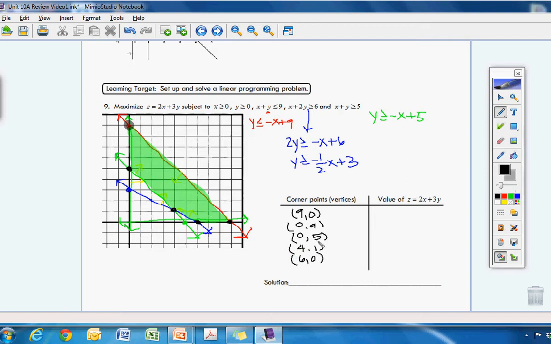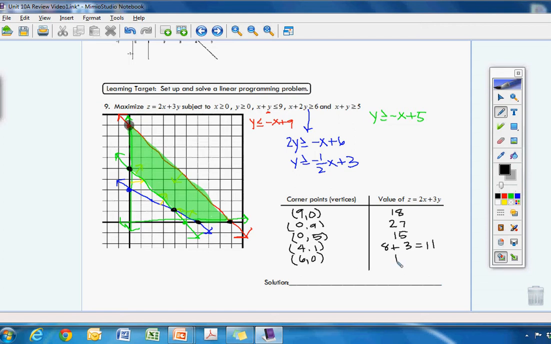Okay, so now we got to take these values and plug them into our objective function. So 2 times 9 is 18 plus 0. Okay, x is 0, so y, this is going to be 27. 15. 4 times 2, that's going to give me 8, plus 3, so that's 11.